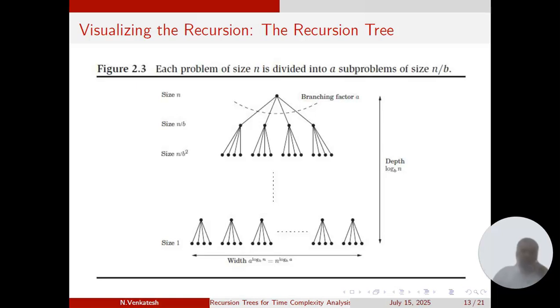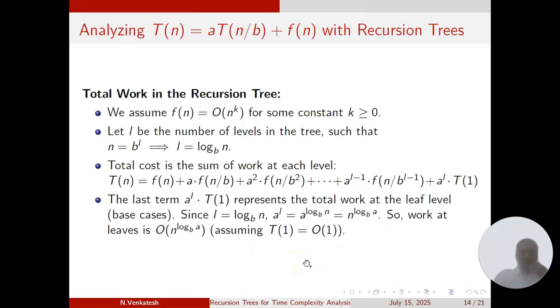From there d is log n base b, so you get the depth as log n base b, and there you have a power d subproblems, that is a power log n base b, so you have n power log a base b. Okay, we will discuss this in the next part of the video.